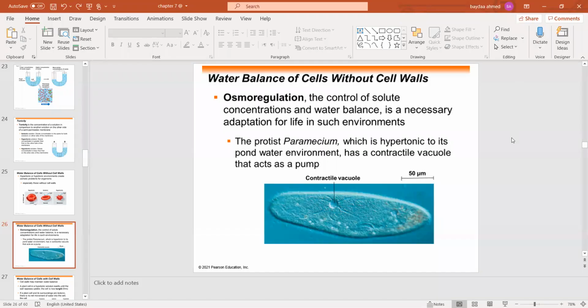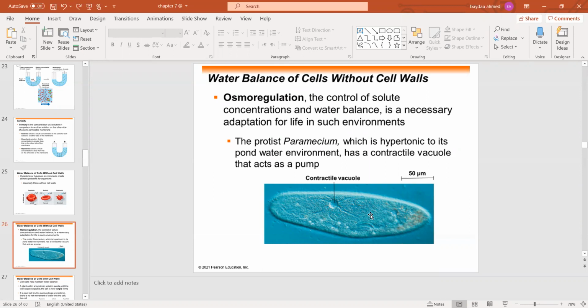Organisms that lack rigid cell walls must have adaptations for osmoregulation. This is the control of solute concentrations and water balance. For example, the unicellular protist Paramecium lives in pond water, which is hypotonic to the cell.